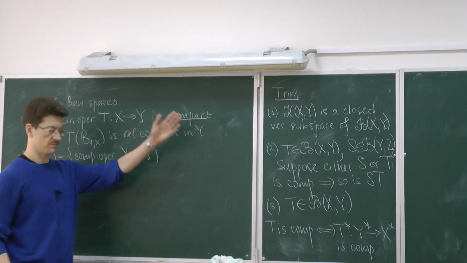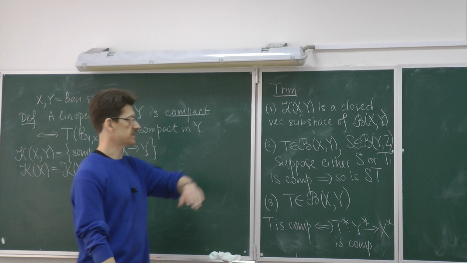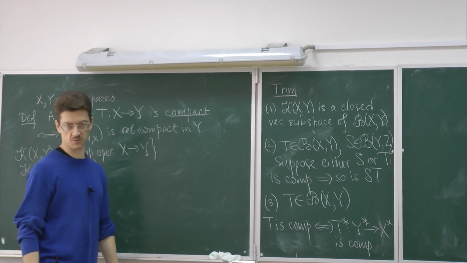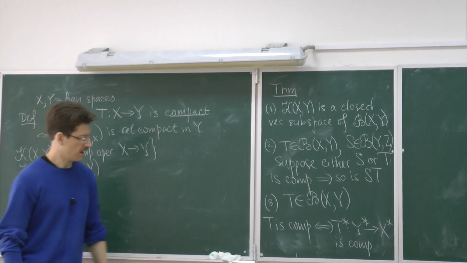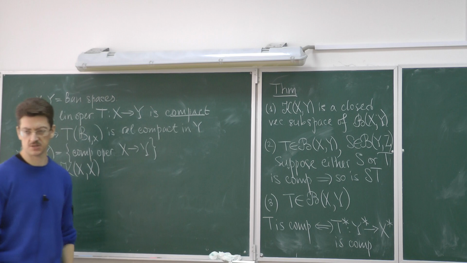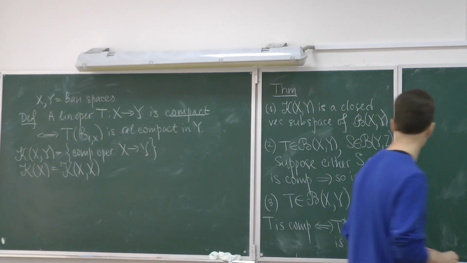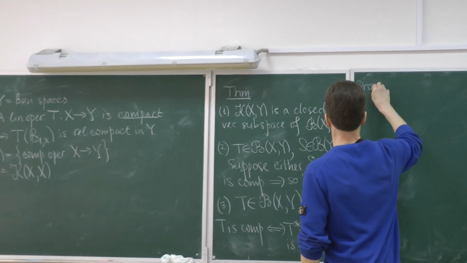So these are the basic properties of compact operators. The first two parts are due to Riesz, who introduced compact operators in 1918. And the third part about duality is due to Schauder, and it was obtained around 1930. Okay, so let's now prove this result.